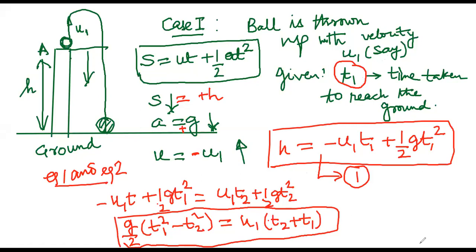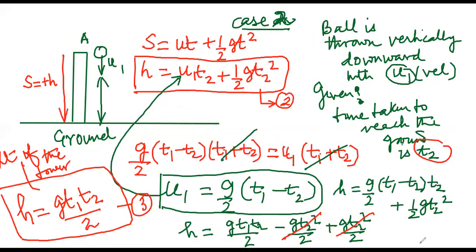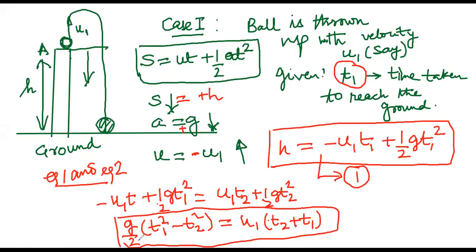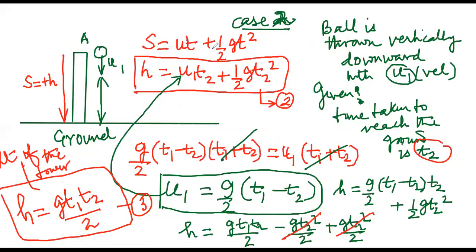Then I told you that when the ball is thrown vertically downward, h equals u1 t2 plus half g t2 square. From these two equations I found the value of u1, which I have already told you. This value was u equals g by 2 into t1 minus t2. Then I found the value of h as g t1 t2 by 2.